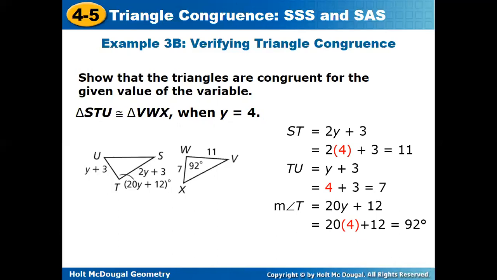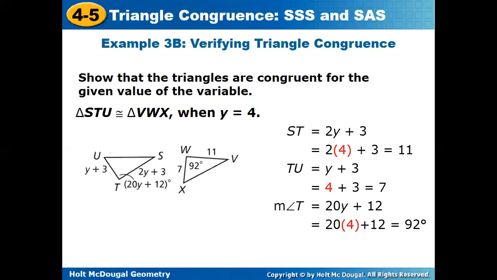TU equals y plus 3. We will substitute the value of y, which here is 4, so it will be 4 plus 3 equals 7. Measure of angle T equals 20y plus 12. We substitute the value of y, which is 4, so 20 times 4 equals 80, and 80 plus 12 equals 92.